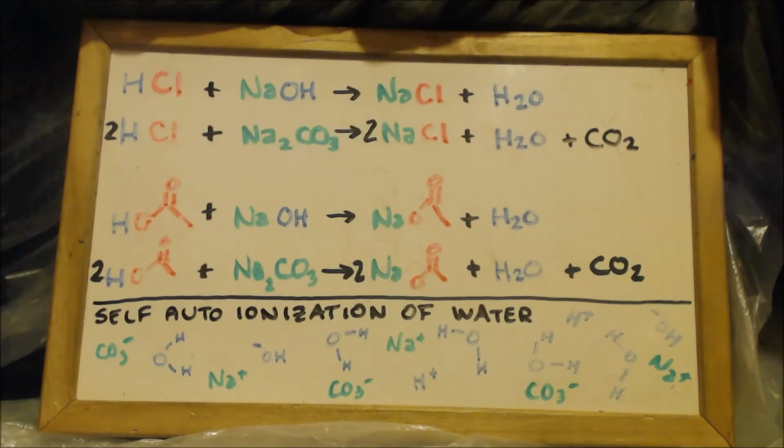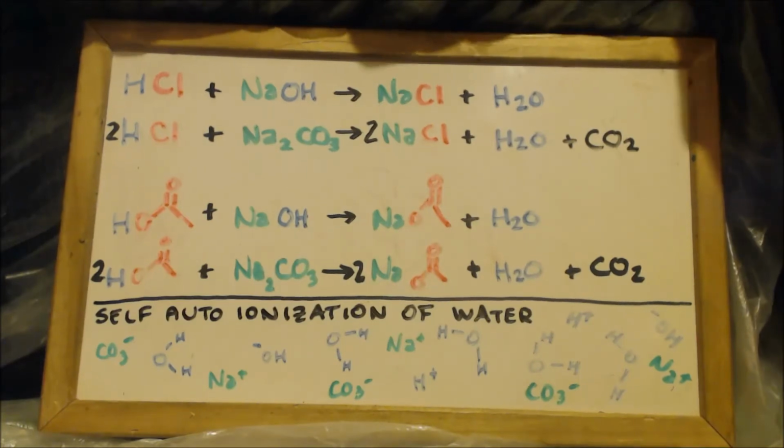Now, you see right below it, I use sodium carbonate instead, right? And doubled up on the acid, 2HCl plus the sodium carbonate yields the same thing, but doubled. Double the salt, same amount of water, and one extra thing, carbon dioxide from the carbonate.